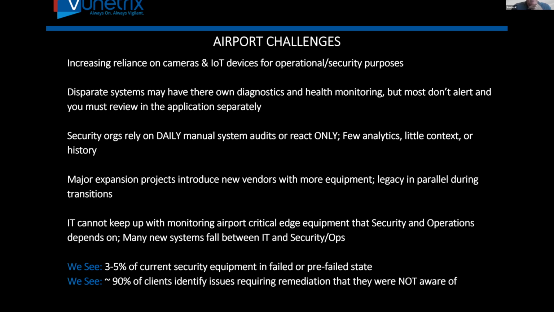A lot of that expansion, airports are taking as an opportunity to introduce new technologies, more and more equipment. In a new terminal, you're going to probably put more cameras. They're going to be more complex. You might think about those different monitoring solutions, et cetera. So the construction projects are driving a lot more of that equipment at a more rapid pace than we would see traditionally.